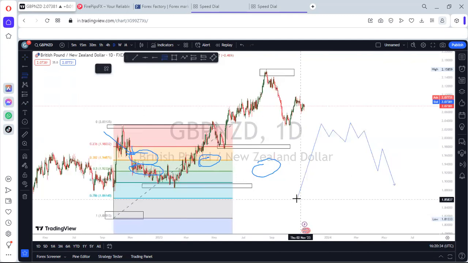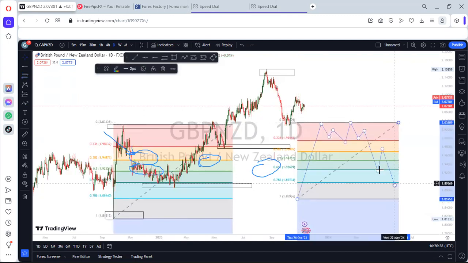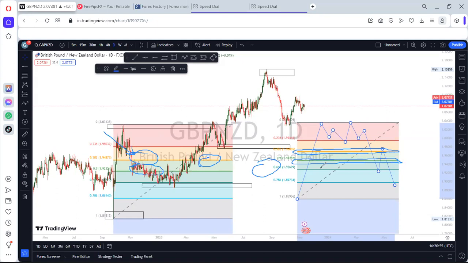So from this move right here to this place right here, if this market stops right at this zone, that means it only retraced 30% of this whole move. I like to see the market retrace at least 50% of the whole move. Most of the time, 60% or 61% of the whole move.